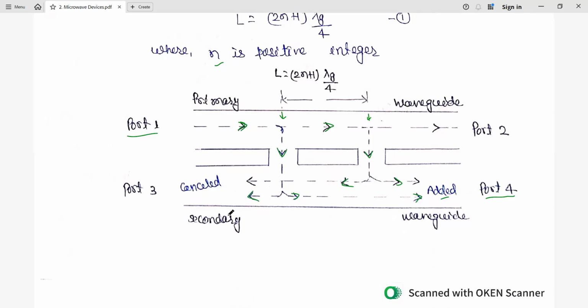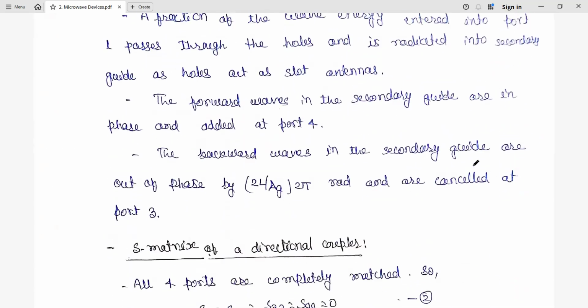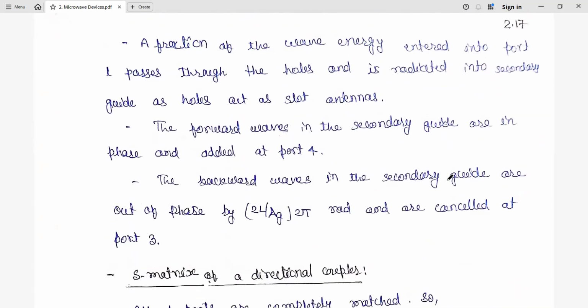So there is no transmission between port 1 and port 3. We can transmit from port 1 to port 2 as well as port 4. A fraction of the wave energy enters port 1 and passes through the holes, and you have seen how it is radiated in the secondary waveguide. All this discussion we have here.